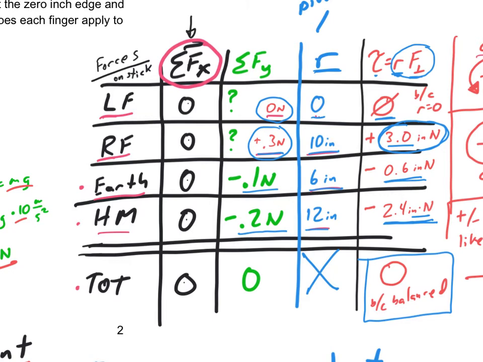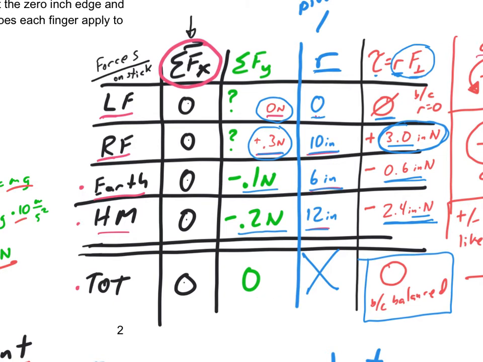Now the y direction. In the y direction, we already know 2 of these forces. We know that the earth force is downwards, and the hanging mass force is downwards. Downwards, therefore negative. Already been calculated previously, and I therefore know these 2. I also know that the net force in the y direction is 0.